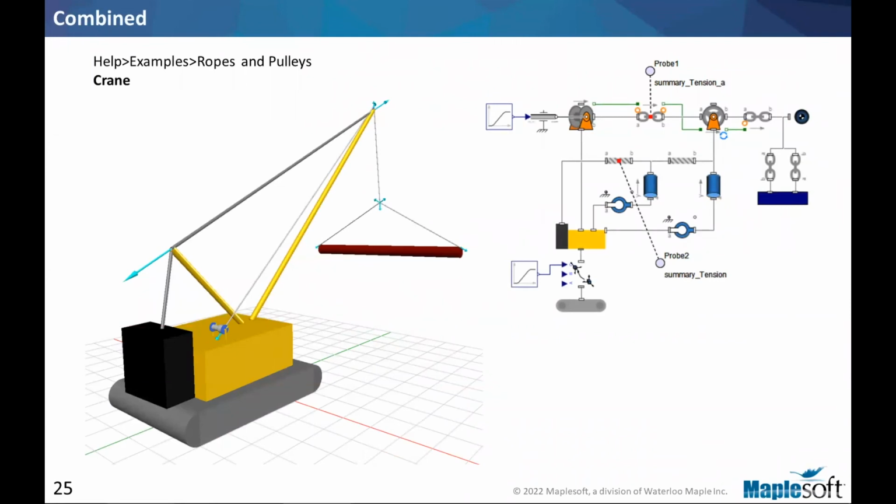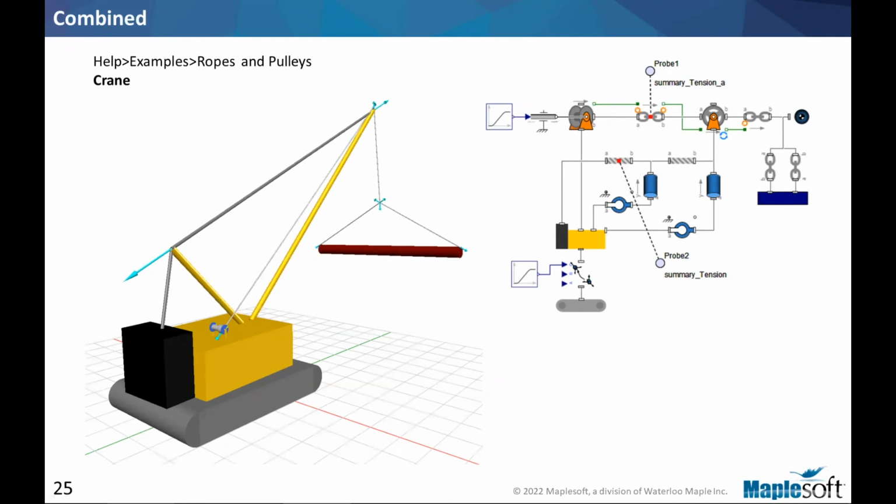This is one of the examples in MapleSim, which I will not open here in this session, but as you can see, it combines ropes for the less important pieces that we want. This is the part that holds the crane together. And we use the chain to use the cable system that lifts the load from the model.